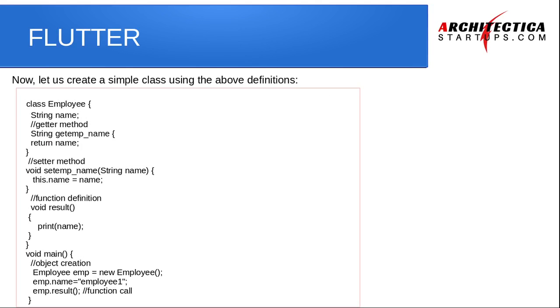I hope you all understood the basic concepts of Dart programming, so you can code in Flutter using this language. So this was all for today. Do practice, and if you find any problem, you can contact me. Thank you so much. Bye.